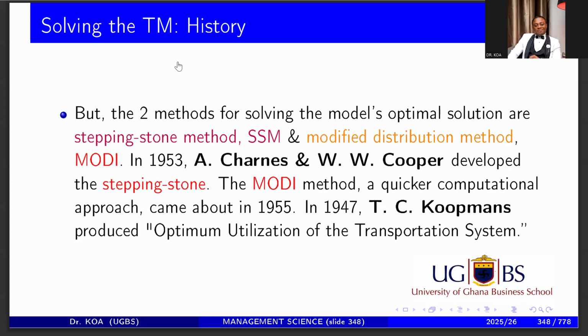The modified distribution method gave a quicker computational approach, that's why it's called modified, and that was in 1955. In 1947, Koopmans had already produced the optimum utilization of the transportation system. They had set the stage towards the stepping stone method.